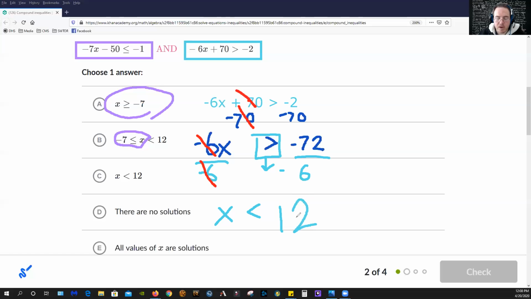Negative divided by negative is positive. So x is less than 12. Aha, so check that out. I actually like B, because both A and B are represented.